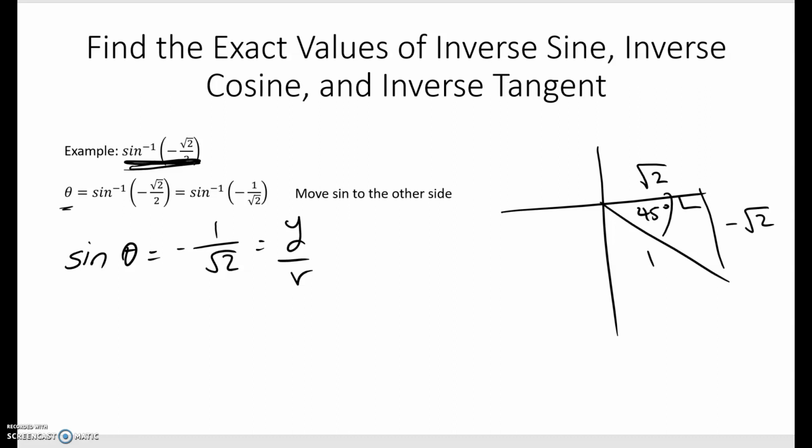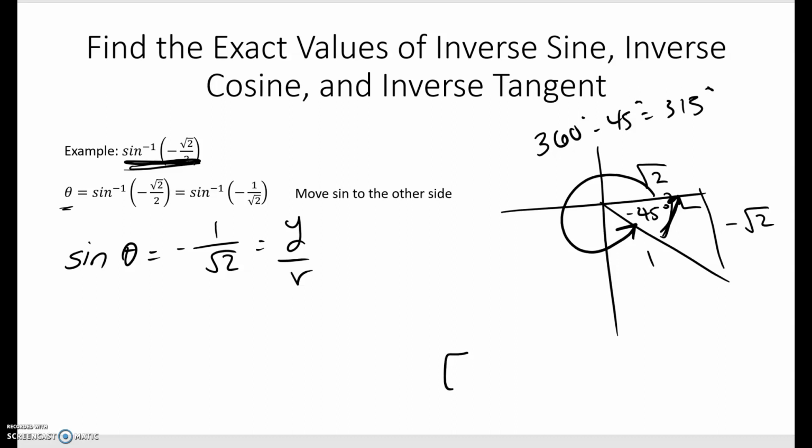Now you might say, well, okay, we can either say 360 minus 45 gives us 315, or you can say that this angle here is negative 45. Well, which one do we take?